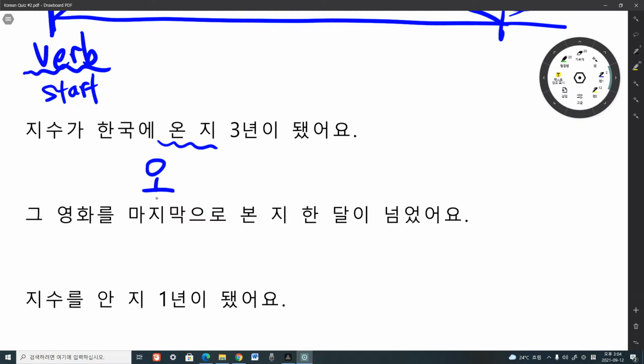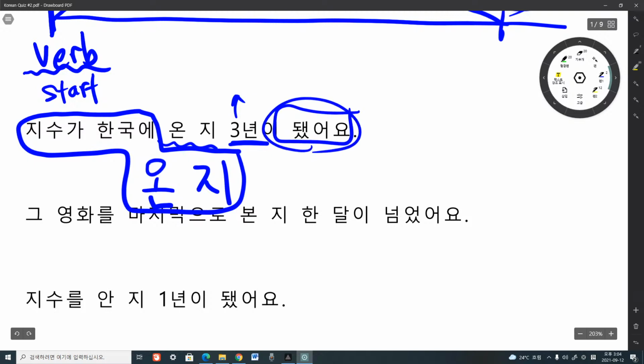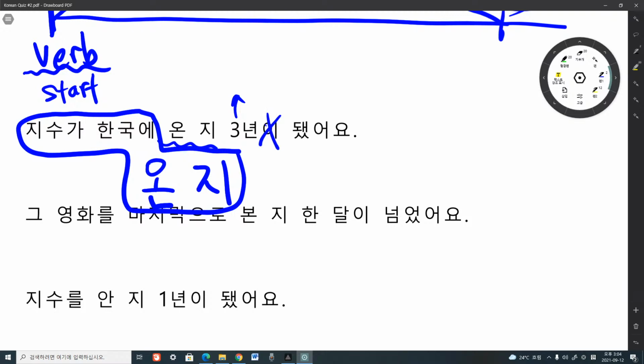You mark it with 니은 받침 and then 치 to mean since she first came to Korea. 지수가 한국에 온 지, since she first came to Korea, 3년, 3 years, it has become. 3년이 됐어요. Or you can just omit the subject marker 이 here. It doesn't matter with or without it. Both make sense. It has been 3 years since Jisoo came to Korea.